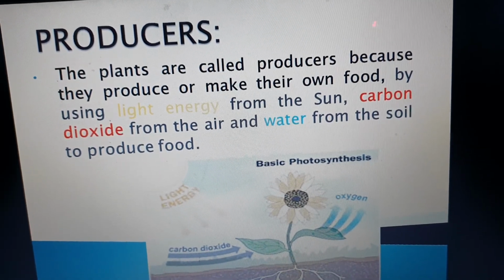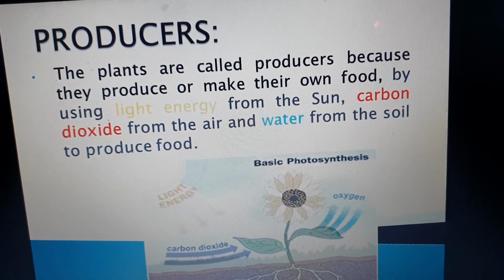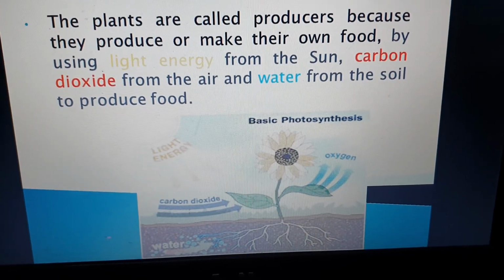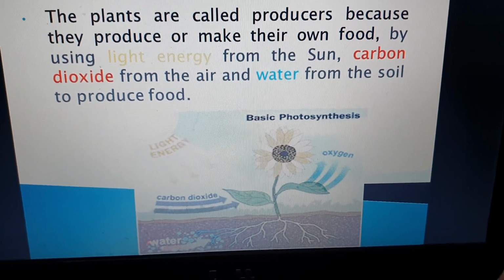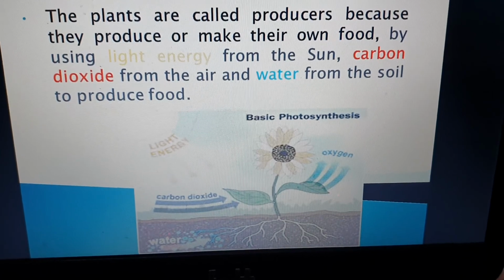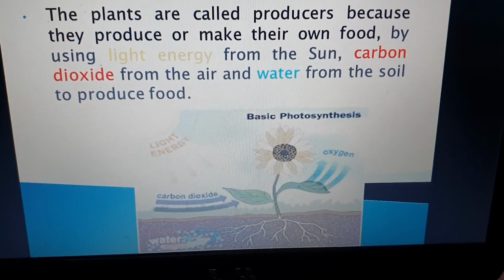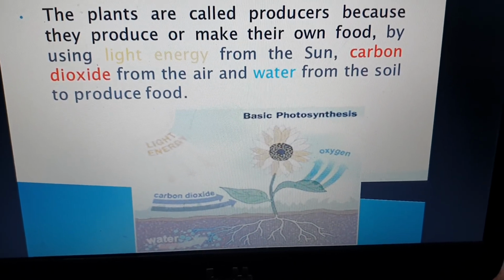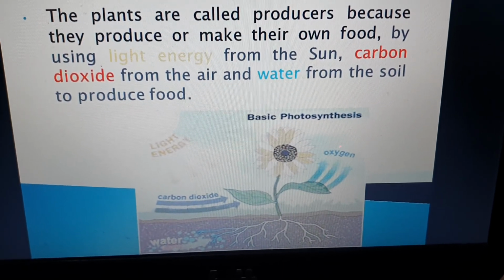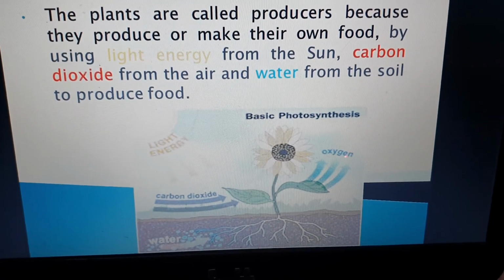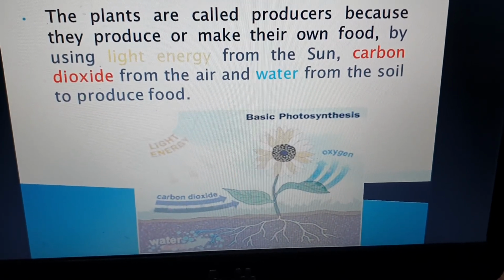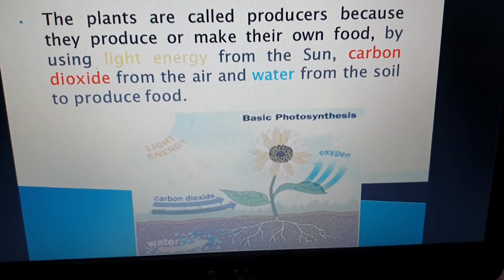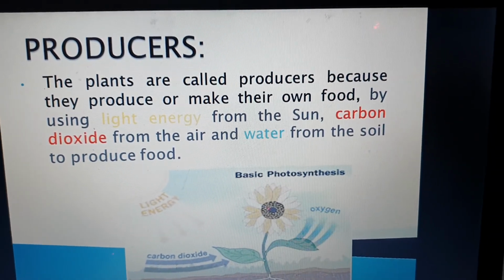You can see they're taking the carbon dioxide from the air, and the water here, they're taking it from the soil. You can see this red pointer. It will help you to understand nicely. And what are they releasing? They're releasing oxygen, which all other living things like animals and plants use to breathe in. So in this way, the plants are producing their food.